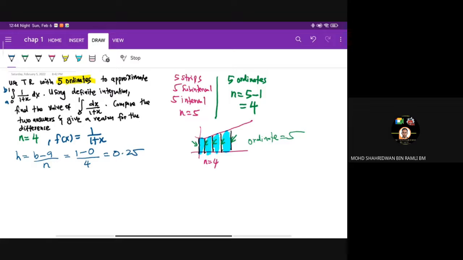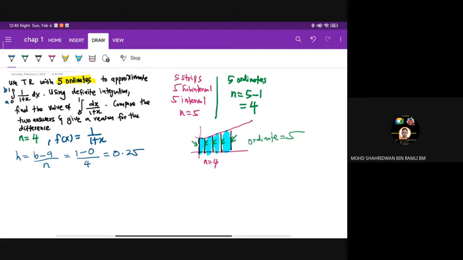Press equal, no g(x). And then start from a. Our a here is 0, and then our b is 1. Our step is our h, h is 0.25. And then press equal.